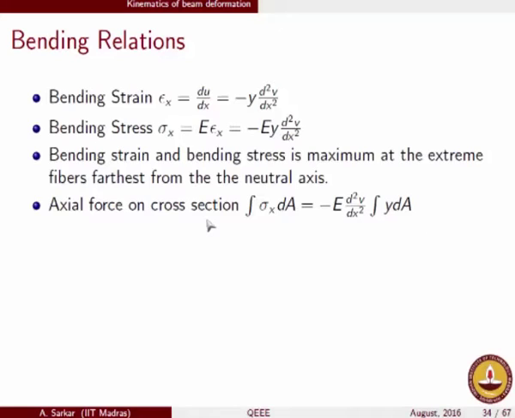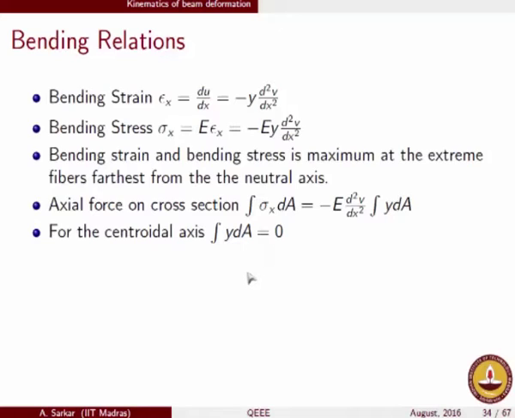Now if there were an axial force applied to the beam, you would expect this to be non-zero, but as per our definition of beam, we know that in a beam there is no axial force. So if there is no axial force, then that effectively means integral y dA has to be 0. Integral y dA being 0 means that the coordinate that we have chosen is such that we have actually chosen the axis to be aligned with the centroidal axis.